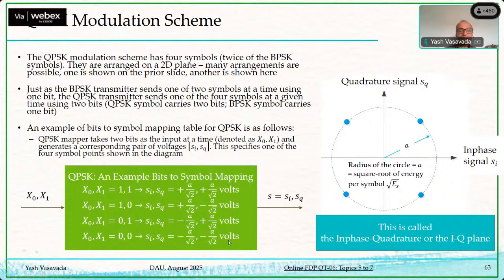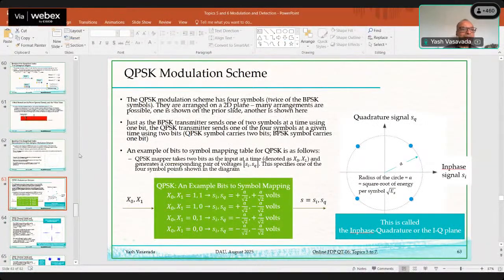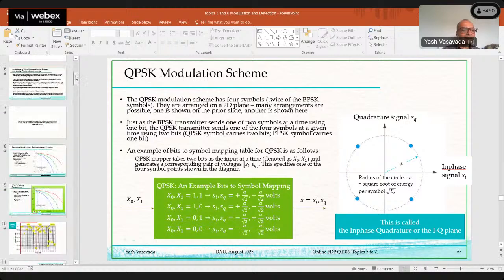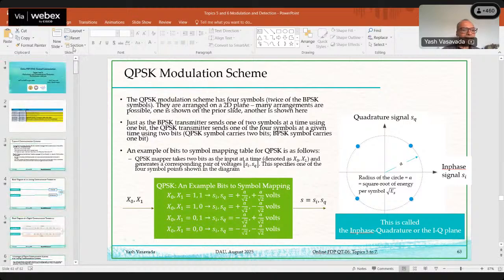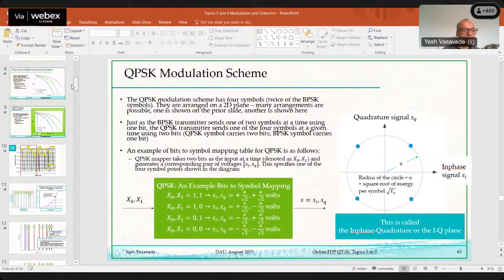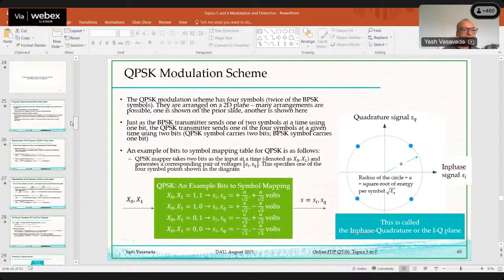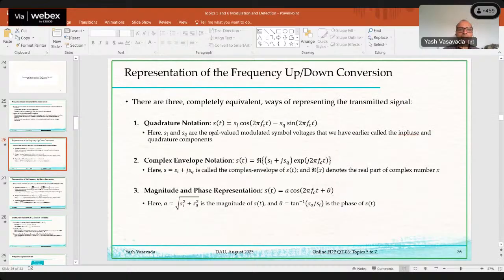Basically, SI and SQ are the Cartesian coordinates of the symbol points. If you recall, that is giving us the quadrature notation of SI and SQ, in phase and quadrature.